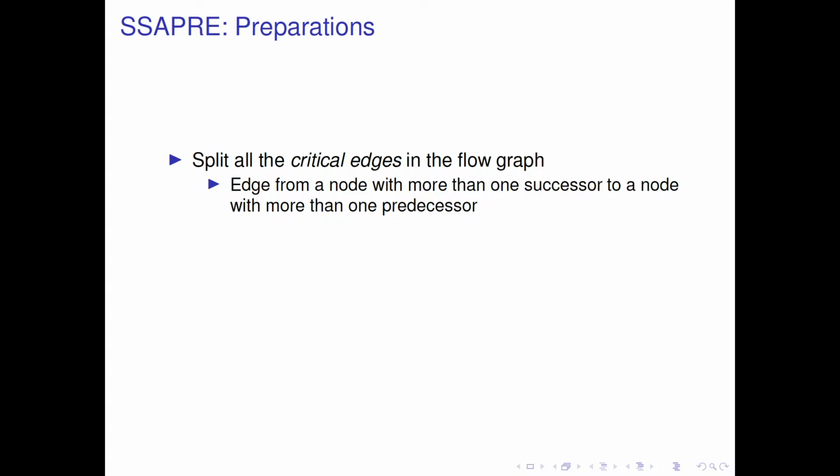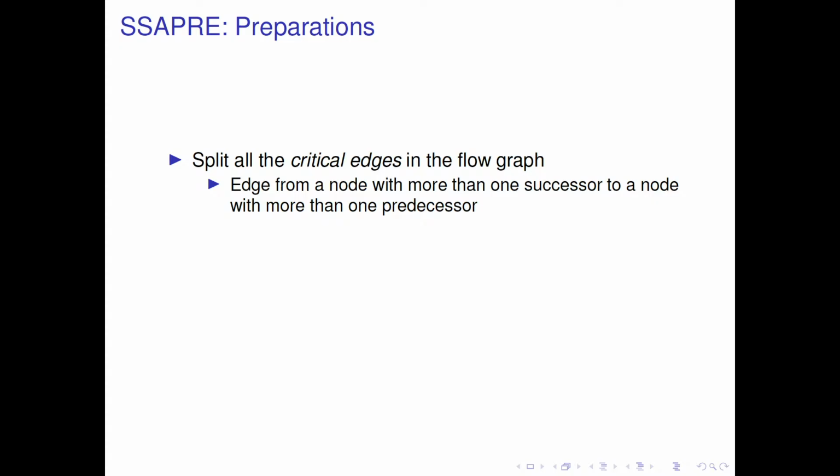So this will be a critical edge, this one. It's an edge from a node with more than one successor. Oh, sorry, not this one, I made a mistake. This one.